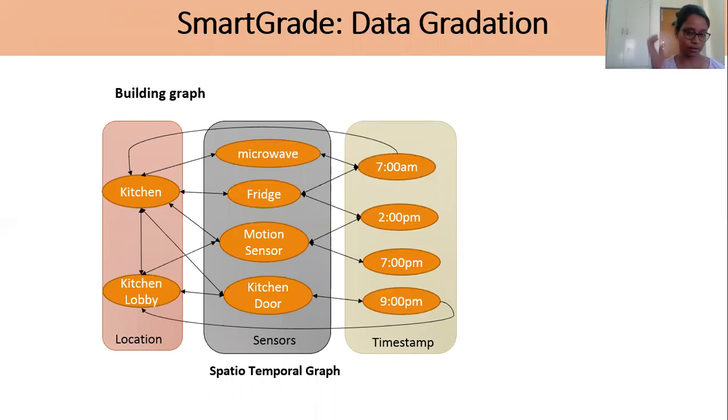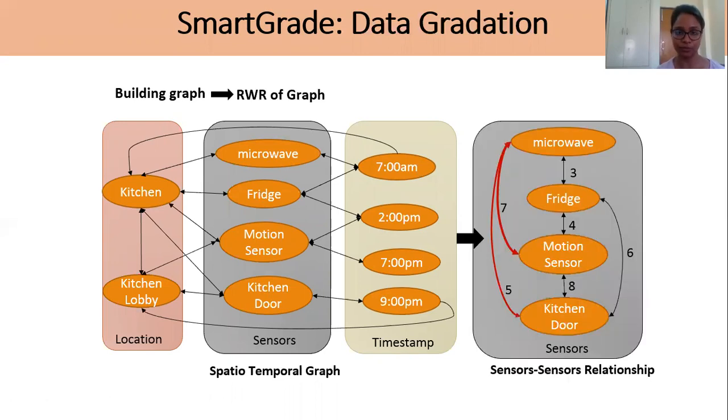In the spatiotemporal graph, as you can see here, there are three types of nodes: location, sensors, and timestamps, and there are intermediate relations. But what we really have to find out is the relations between the sensors here. So we run an RWR and try to find out some sort of scores.